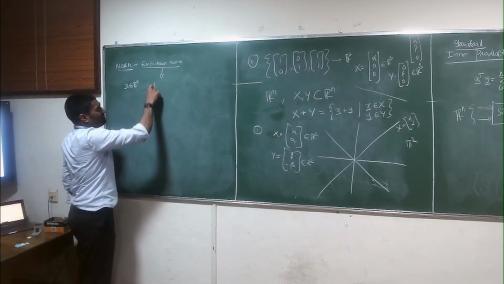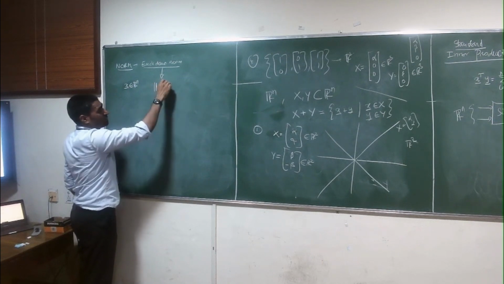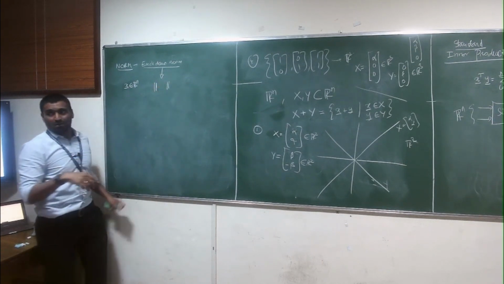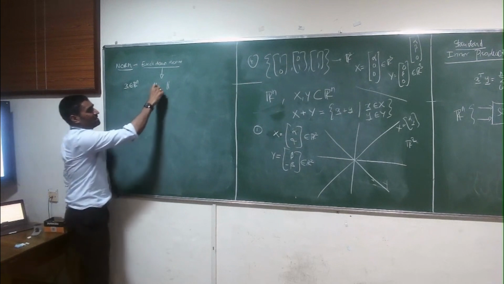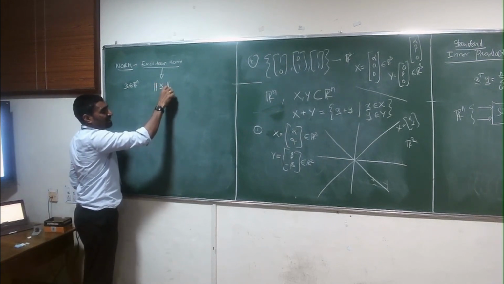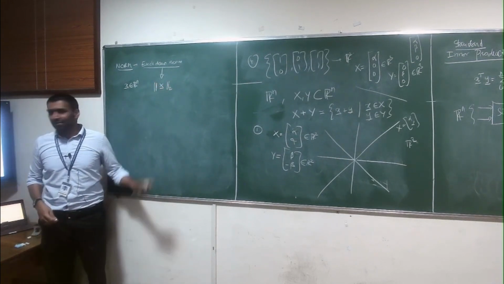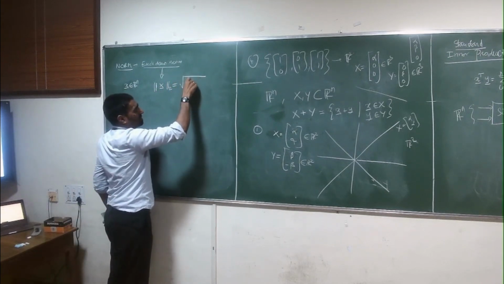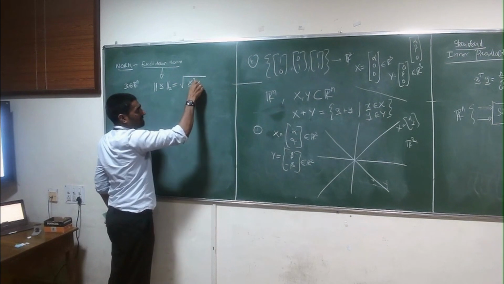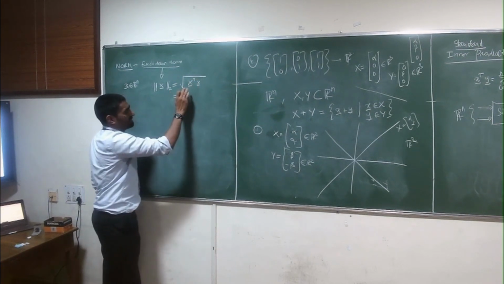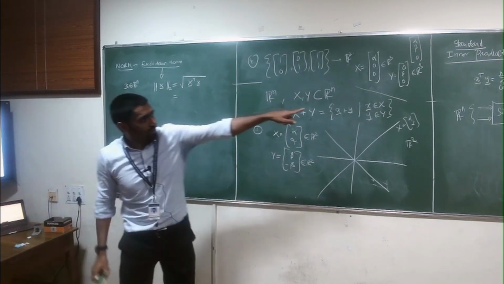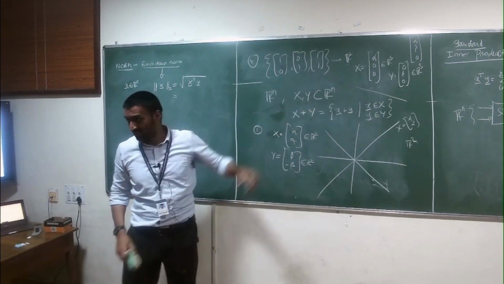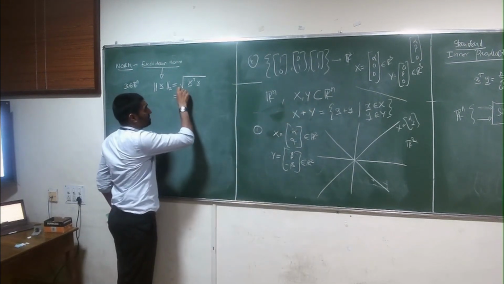The Euclidean norm is represented like this: two vertical lines, the vector x in the middle and the subscript 2. And this is nothing but the square root of x transpose x, and that, if you substitute that into that expression, that will come out to be.